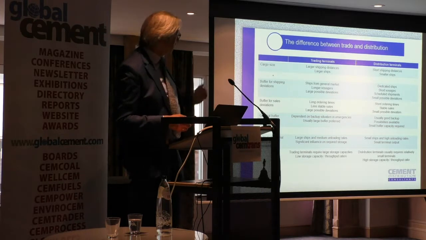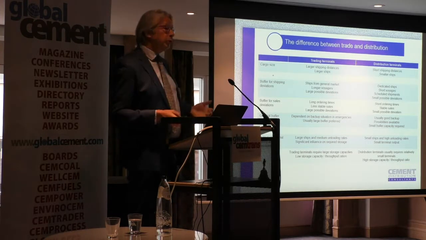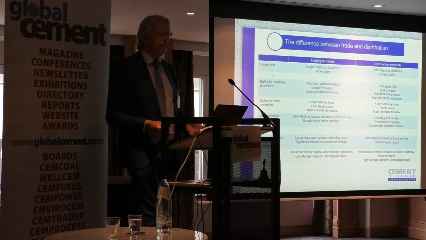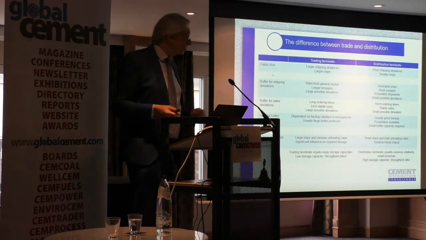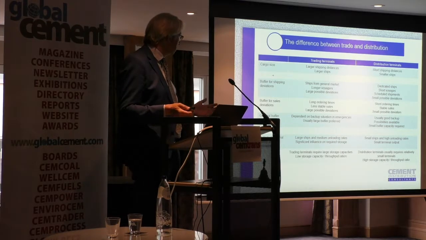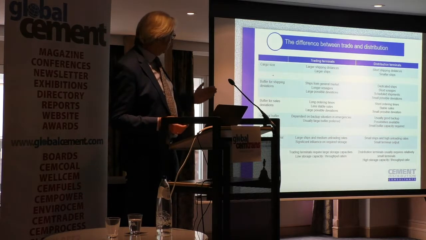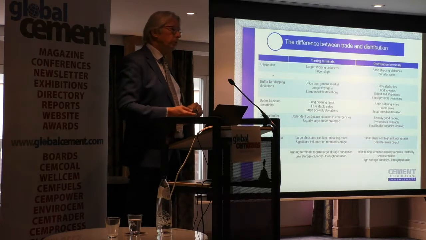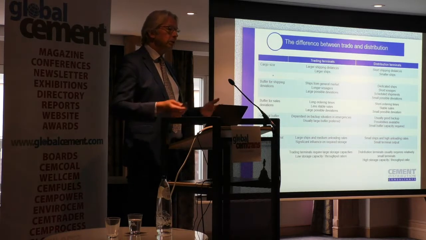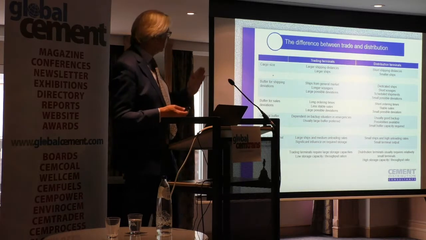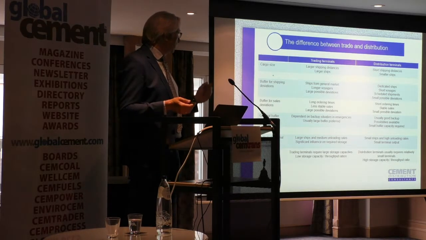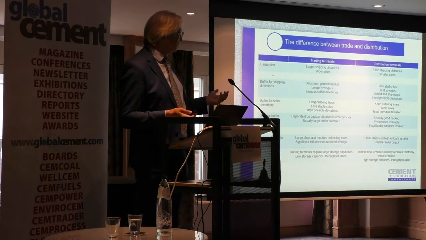So if you add all this up, you see that trade terminals need to have storage capabilities which are very large to very large, and that means that you've got a very low storage capacity to throughput ratio. Basically, you have less money to invest in storage capacity. Distribution terminals, you relatively require small terminals.